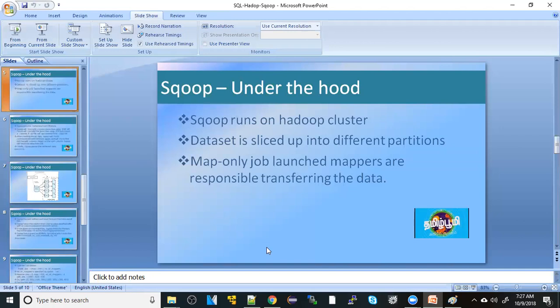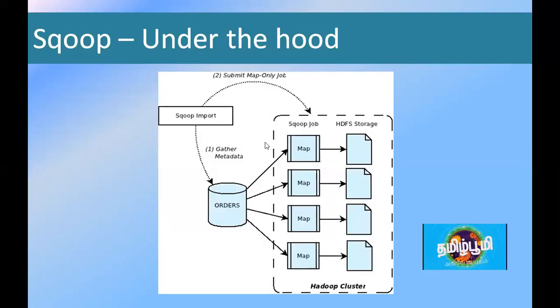Once we submit the Sqoop job, it fetches the metadata information from RDBMS and then creates a Sqoop job. We can specify the number of mappers here. The default number of mappers is 4. If we specify the number of mappers, that many map jobs will run.